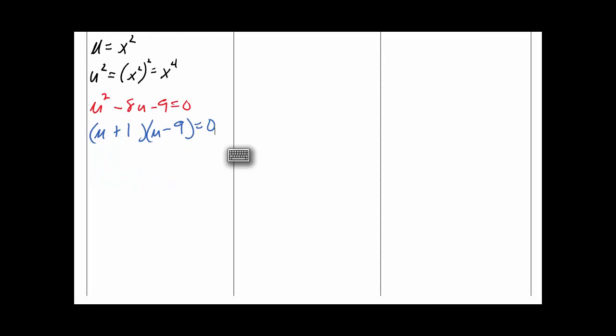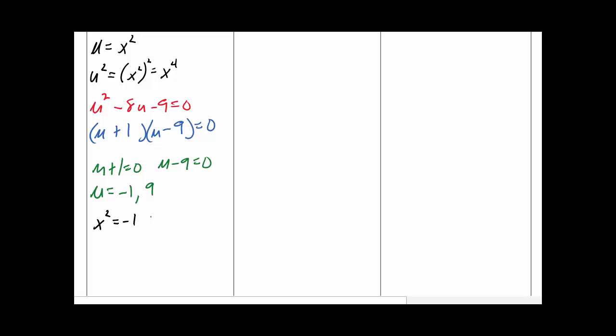That seems to work, right? Then I want to set each factor equal to 0. U minus 9 equals 0, u plus 1 equals 0. And I get that u is equal to negative 1 and positive 9. Now, before I get all excited, we've got to realize that I want x, not u. So I'm going to take x squared and set it equal to each one.